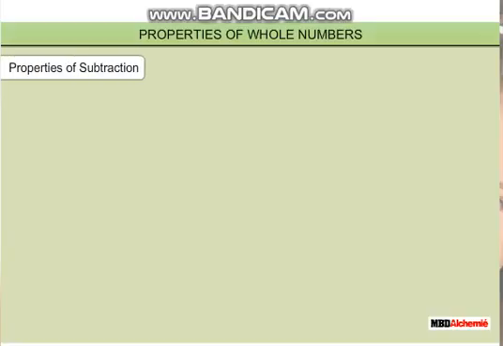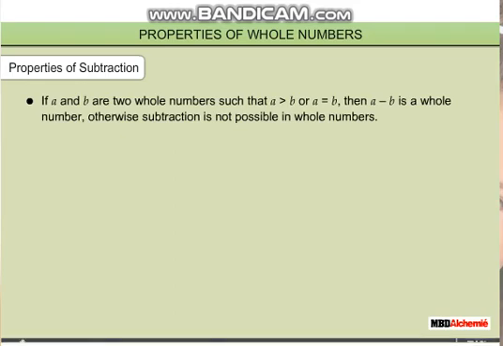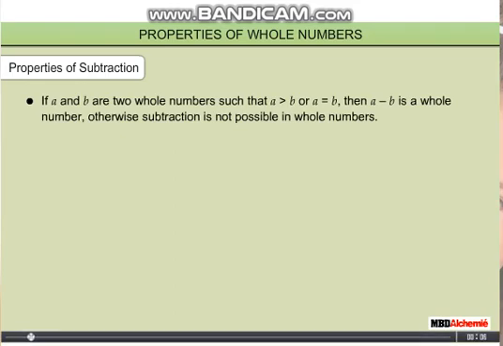Properties of subtraction. If A and B are two whole numbers such that A is greater than B, or A equals B, then A minus B is a whole number. Otherwise, the subtraction is not possible in whole numbers.